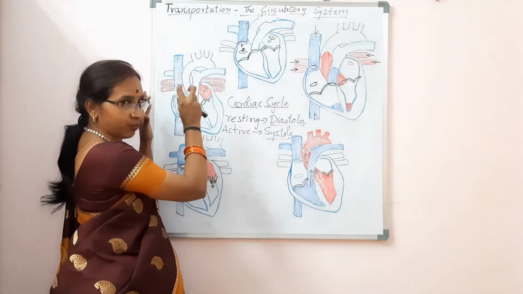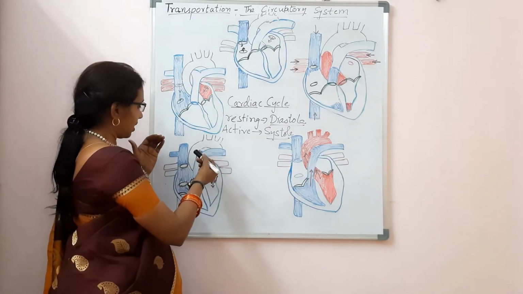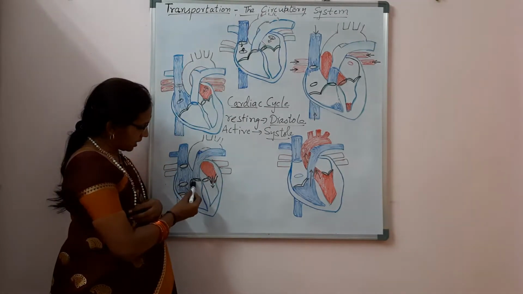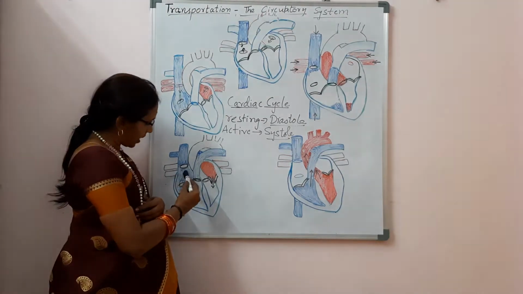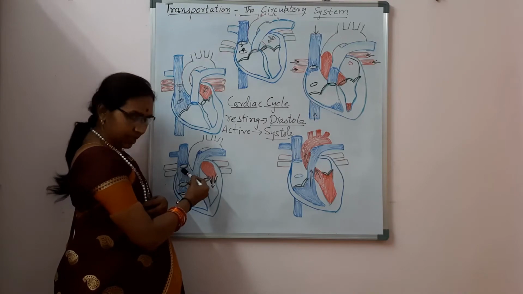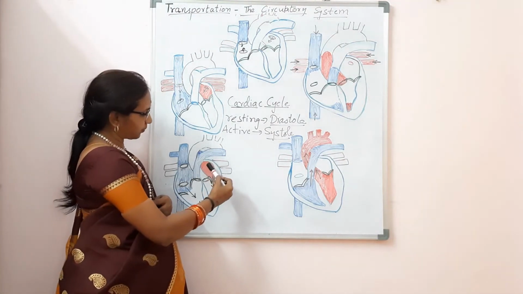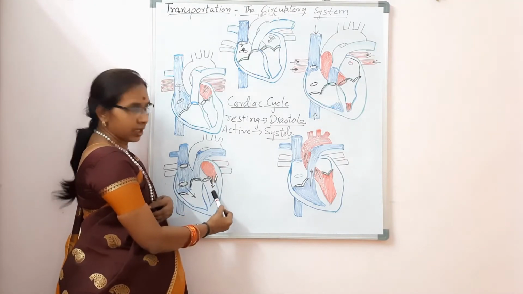Once both the atria get filled, the pressure increases, and then the aperture opens. You can see the walls between the atria and ventricle open, and the impure blood from the right atria flows into the right ventricle, and the pure blood from the left atria moves into the left ventricle.